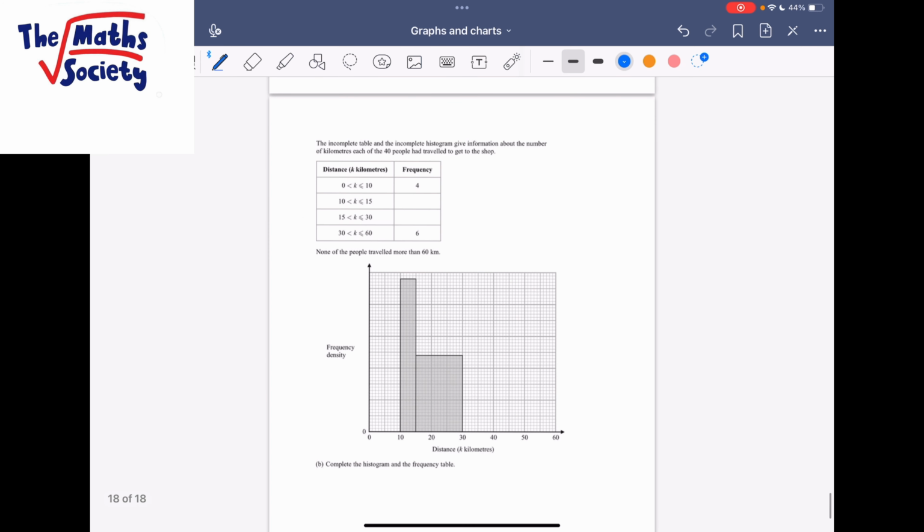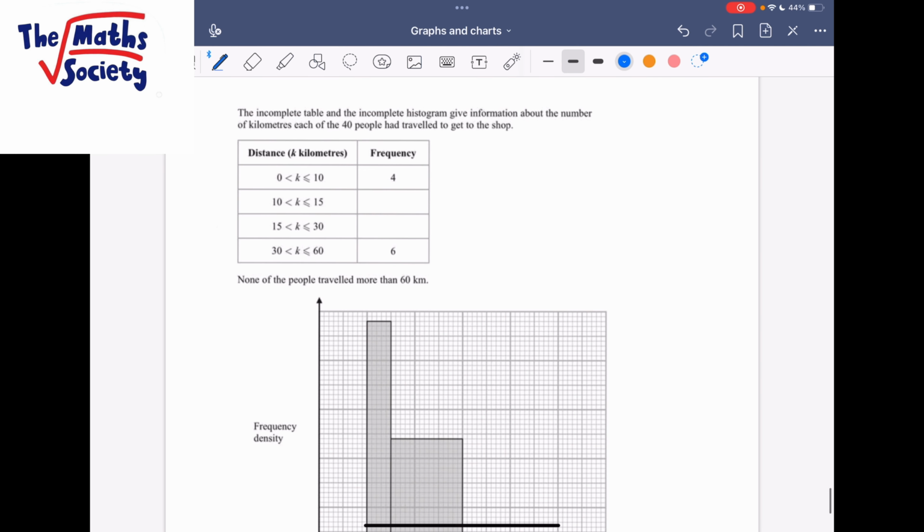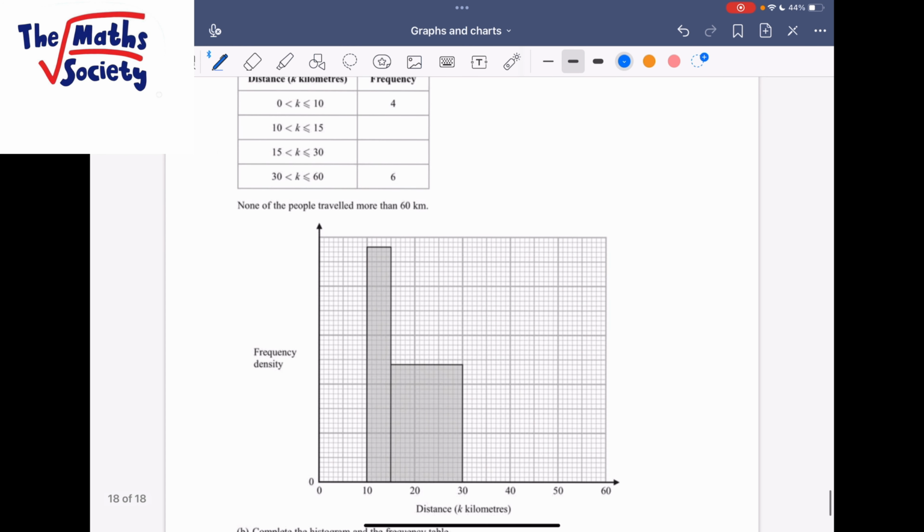Okay, so now it says that the incomplete table and the incomplete histogram were given about the number of kilometers each of the 40 people had traveled to get to the shop. So this is the kilometers and not time anymore. Now we know that they've given the frequency, they've drawn the graph, so we can try to find out the frequency density based on it.